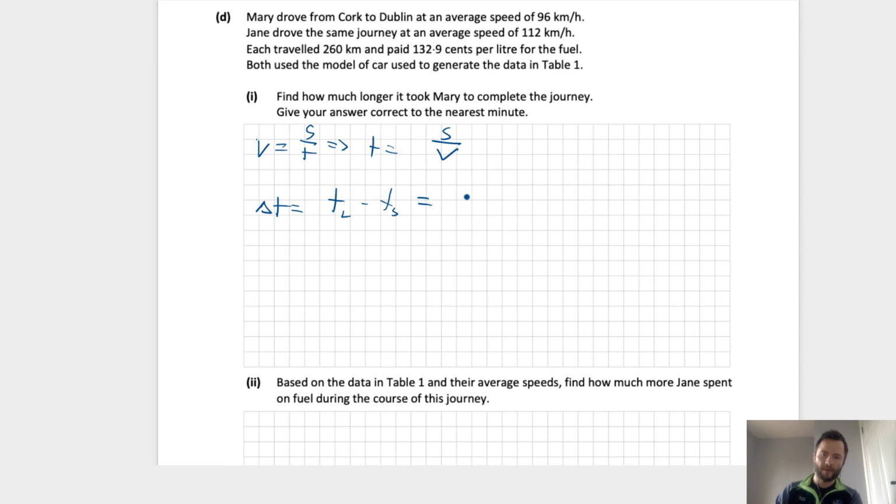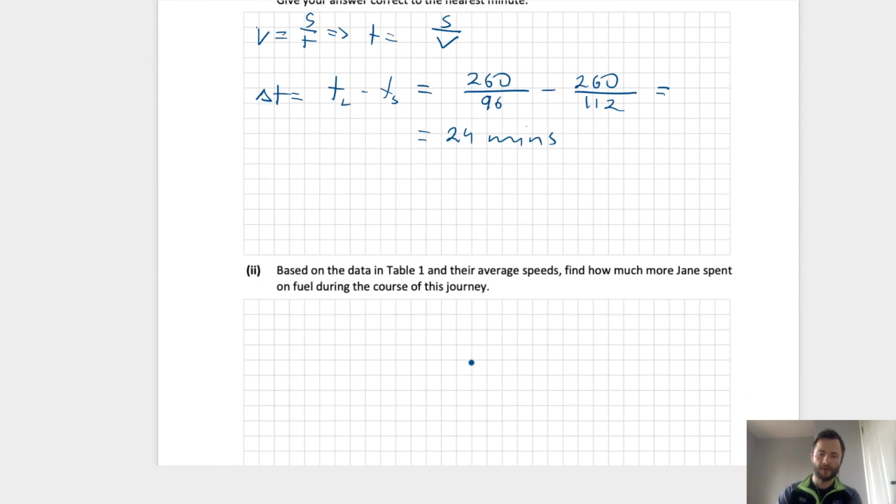That will be equal to 260 divided by 96 minus 260 divided by 112. So that gives us 24 minutes, as a fraction of an hour turned into minutes.